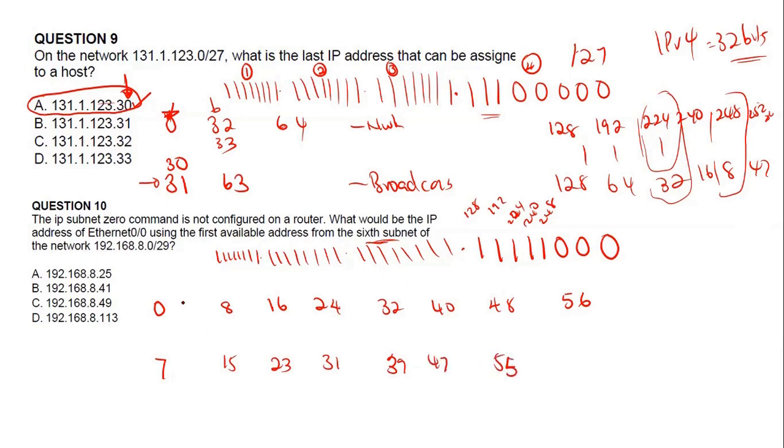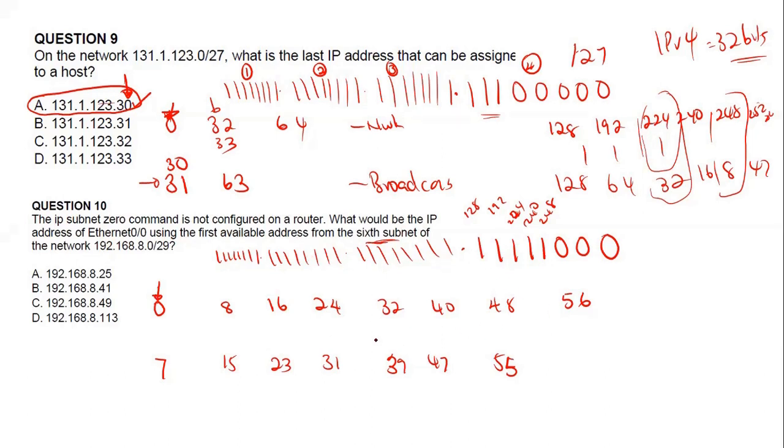So the question is saying the IP subnet 0 command is not configured, meaning that this subnet, this subnet 0, is not going to be in use. The question is asking what would be the IP address of that Ethernet using the first available address from our 6th subnet.